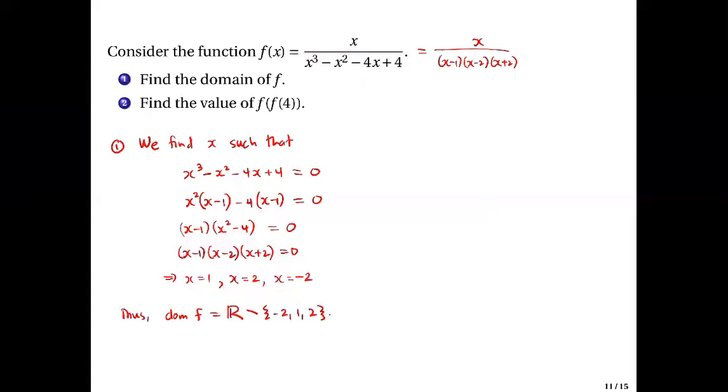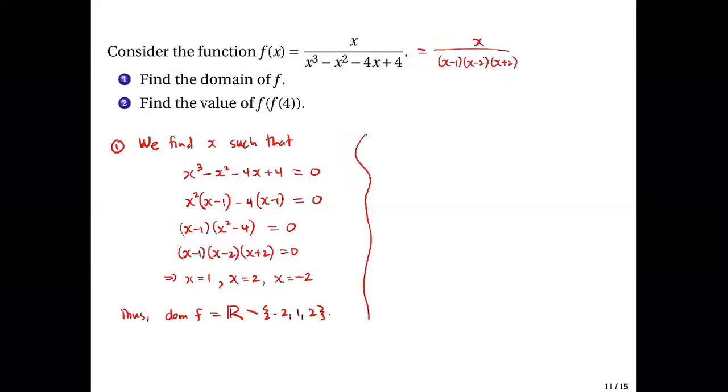I'm doing this because it's easier to evaluate the function if it's already in this form, instead of getting the cube, then the square, and multiplying by negative 4. So it will be easier to just plug in the values of x in this form, and the computation will be reduced.